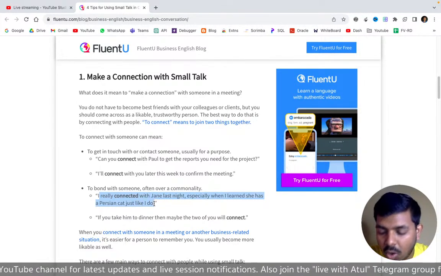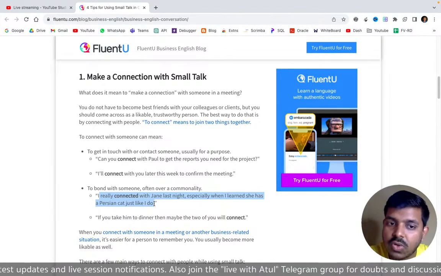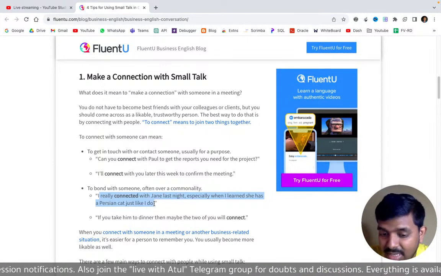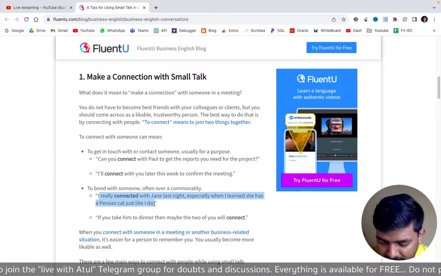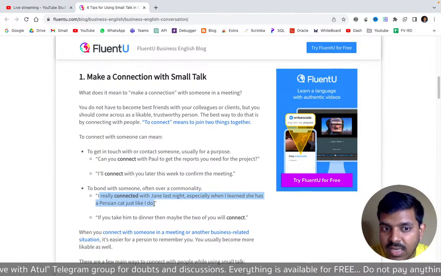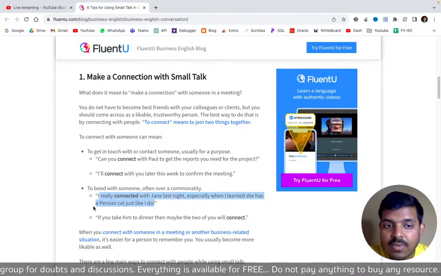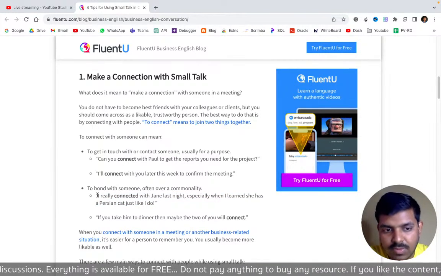So now they have a common ground, which is nothing but having a Persian cat. Both of them have a Persian cat, and this will make them feel that they share a similar psychology, or a similar kind of thinking. That is an invisible bond being formed because of that common ground.